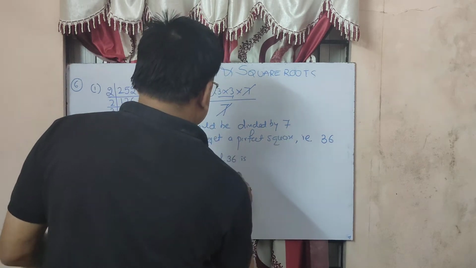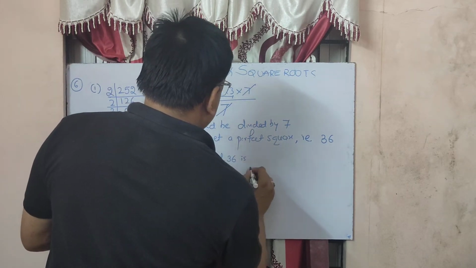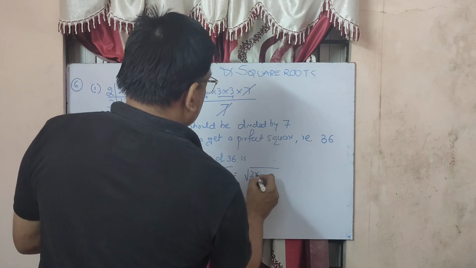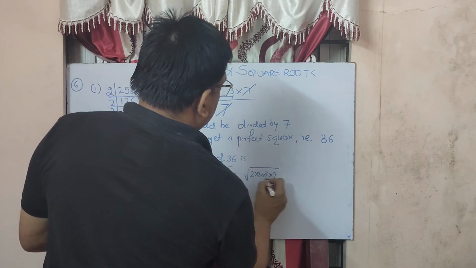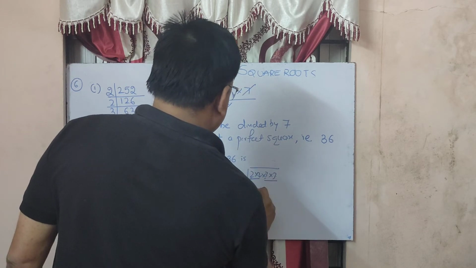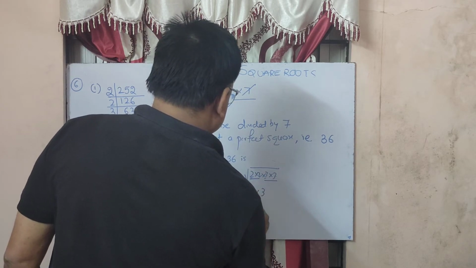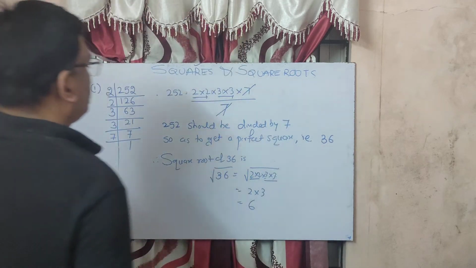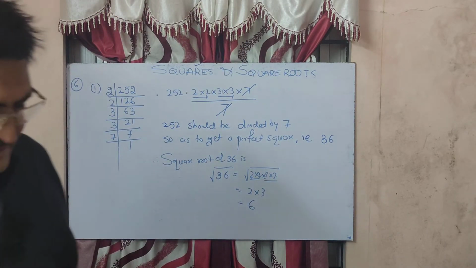The square root of 36 equals 2 into 2 into 3 into 3. The pairing will be there, 2 into 3. So that is 6. The square root of 36 is 6 only.